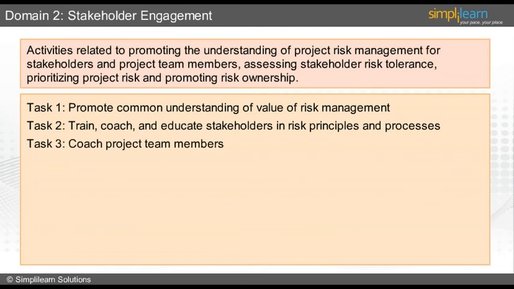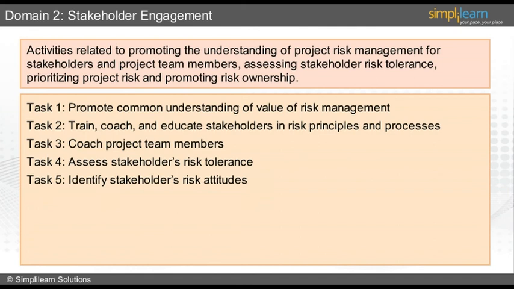The third task is to coach the project team members in implementing risk processes to ensure the consistent application of risk processes. The fourth task is using different tools and techniques to assess stakeholders' risk tolerance. The fifth task is to identify stakeholders' risk attitudes in order to manage stakeholders' expectations throughout the project lifecycle.